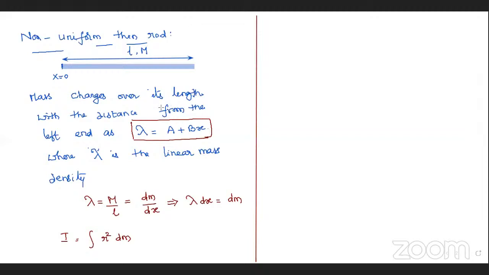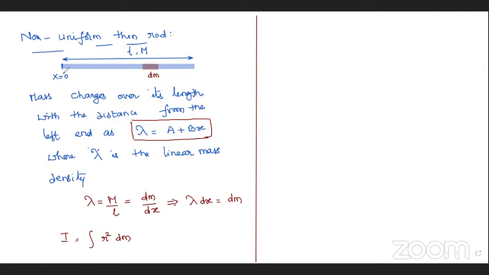Then here, suppose I assume one mass somewhere here, a point mass. Here, this is a point mass. Let it be dm.